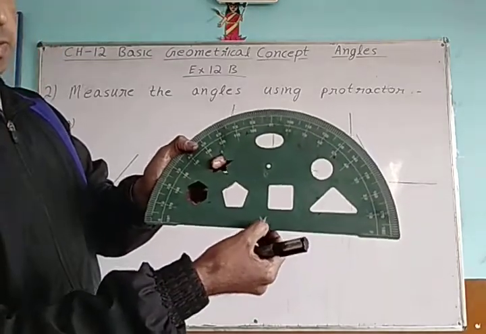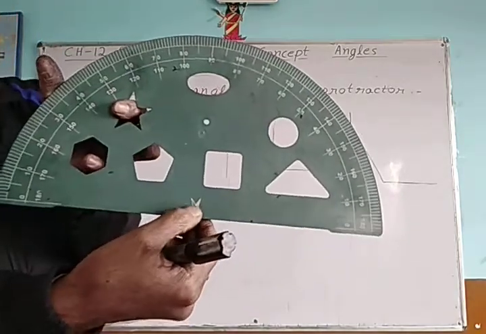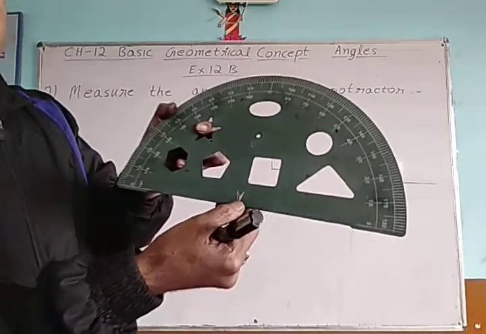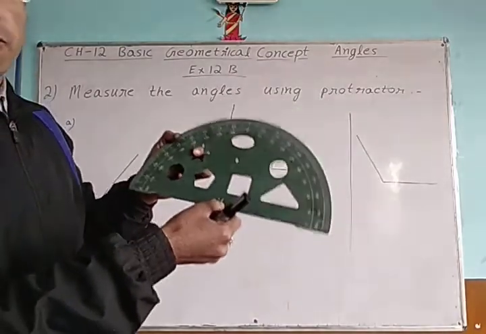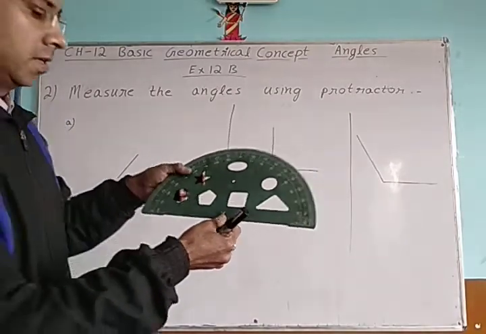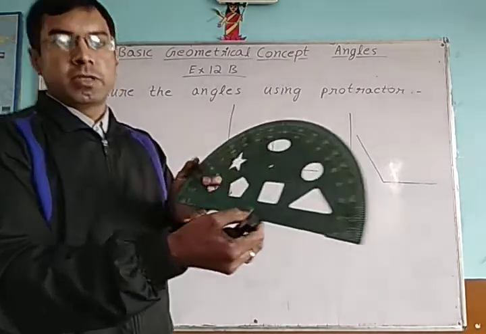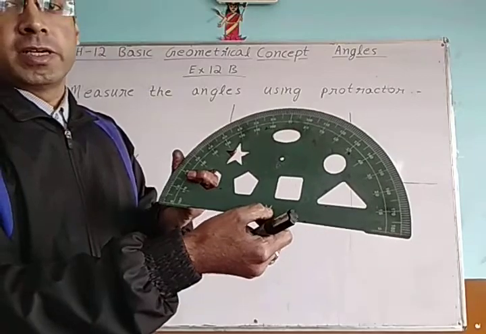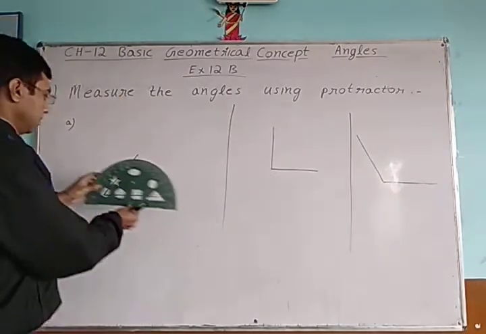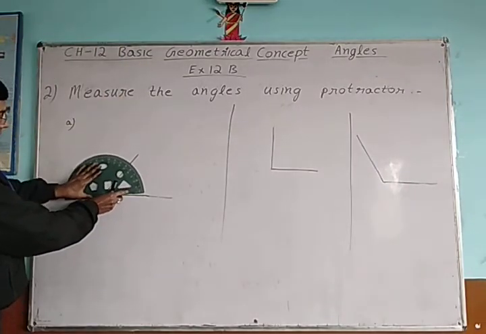Students, see, this is the middle point, this white line. Clear? We have to put this at one end and then we have to measure. And where will we put this? Common end point at the vertex. Clear?